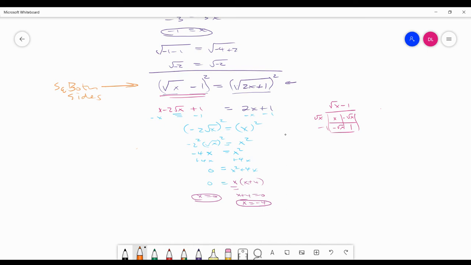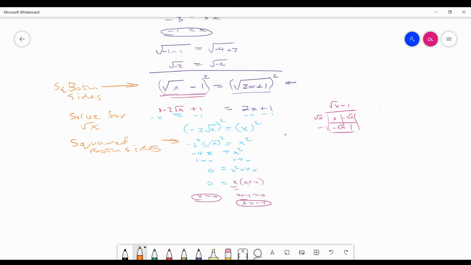And then I solved for root x. And then I squared both sides, which is right here.